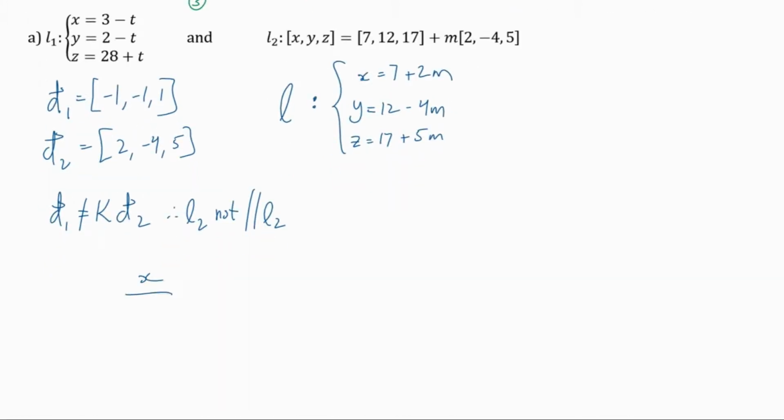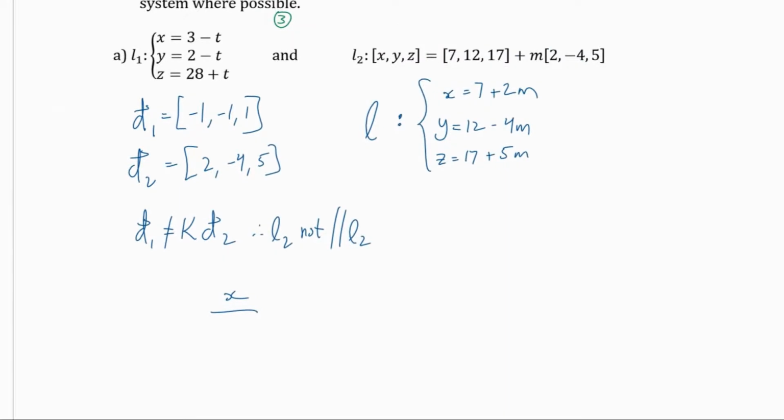And we're going to do the same thing. We're going to set the parametric equations equal to each other, and that's why I've already written this out. So I'm going to set the x's equal to each other: 3 minus t equals 7 minus 2m. The y's: 2 minus t equals 12 minus 4m.